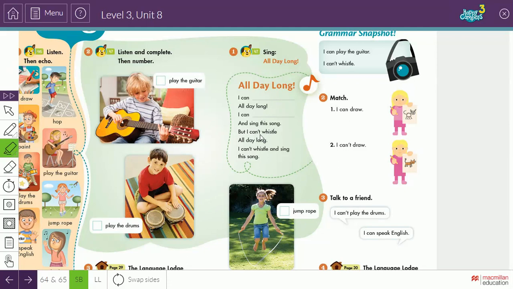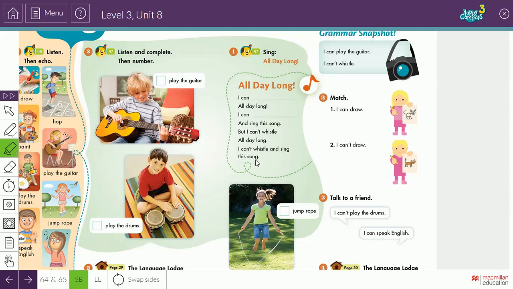But I can't. As you see, what is this? Can't. Here I can, but here I can't. So here it means able, but here it means unable. I can't whistle. But I can't whistle all day long. I can't whistle and sing this song.